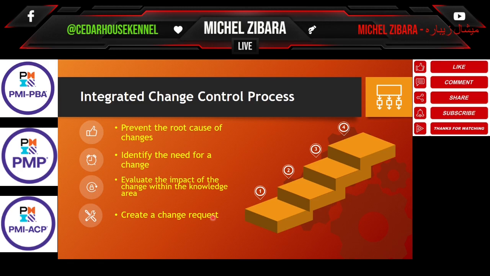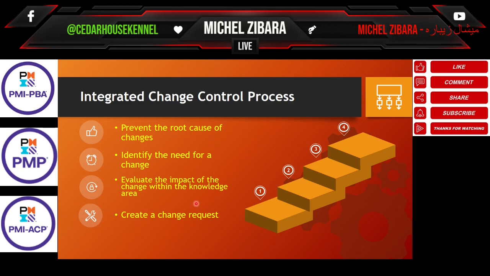So let's say I've been requested to add more scope to the project. I need to determine as a project manager, in accordance with the scope management plan, whether that scope is scope creep or a necessity to the project, where having that change approved is a must.